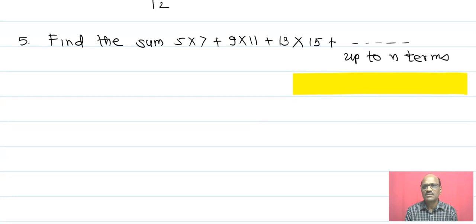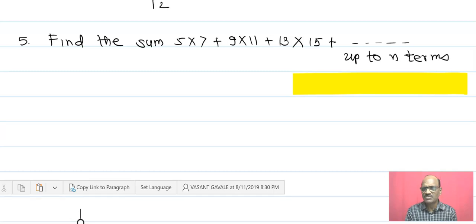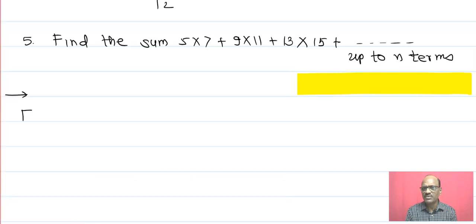Now this problem is a different one, but I had taken it that way. First term is 5, then 9, then again 13. This type of sequence must be there. That is 5 into 7 plus 9 into 11 plus 13 into 15. This type of problem must be there, because the first term is 5 into 7 and the second is 9 into 11, and in this way the terms must be like this.